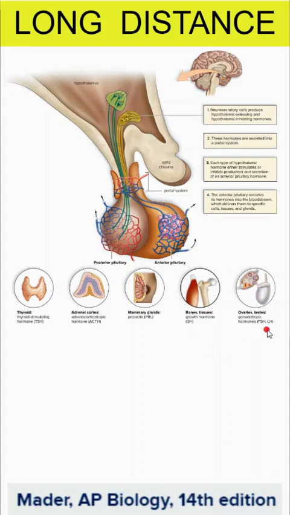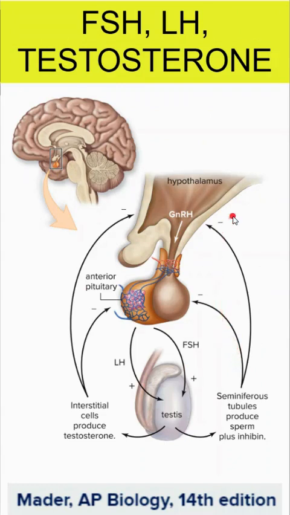And again, FSH and LH are going to affect the ovaries and the testes. So as we look at this, again, the anterior pituitary is going to release LH and FSH that are going to go to the testicles, which is going to ultimately produce testosterone.